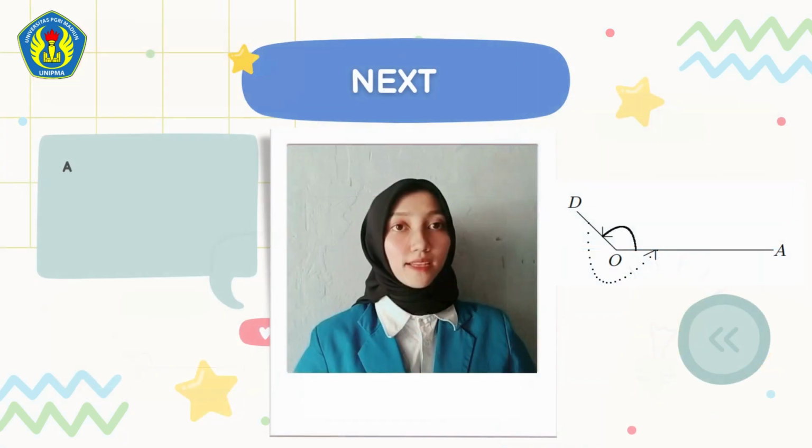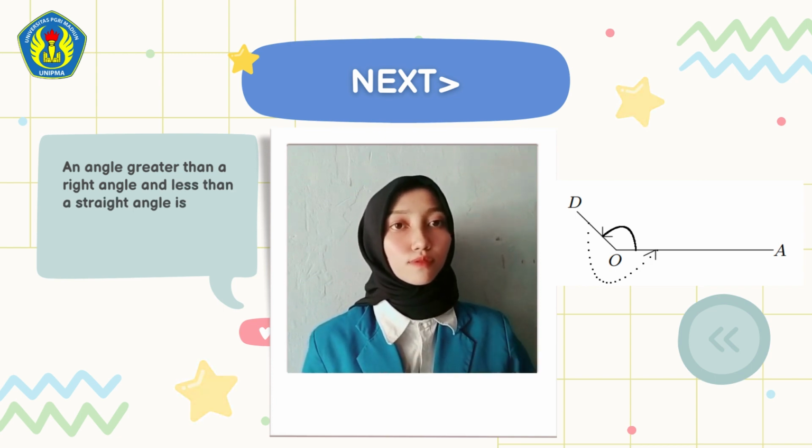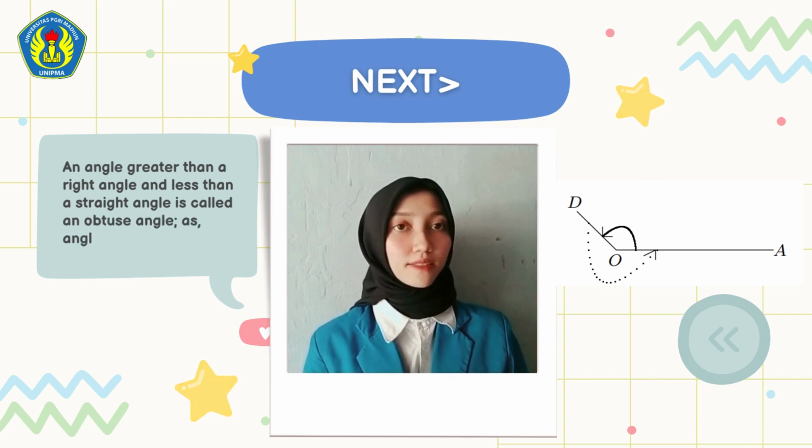Next, an angle greater than a right angle and less than a straight angle is called an obtuse angle, as angle AOD.